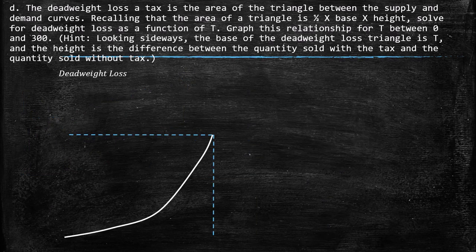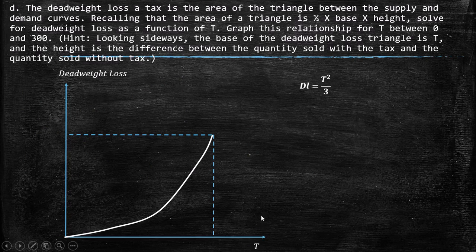And now we have to represent this by a graph. Here we have the deadweight loss and here we have the t. For the value of 0, it's going to be 0 squared over 3, so it's going to be 0. And for 300, it's going to be 300 squared over 3, so it's going to be 30,000. So this is going to be the value.